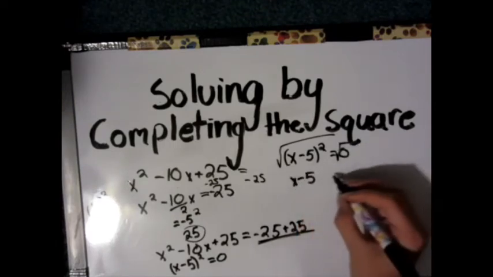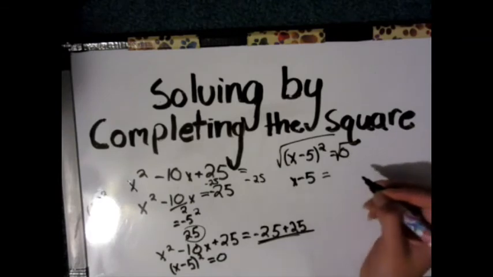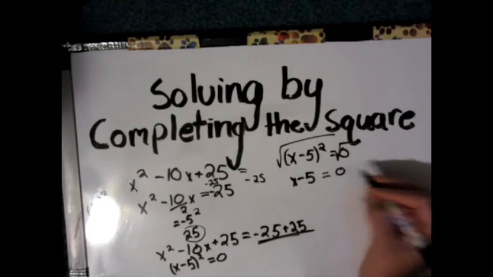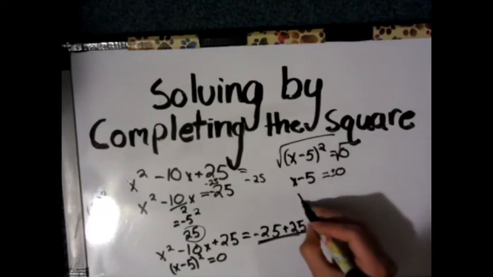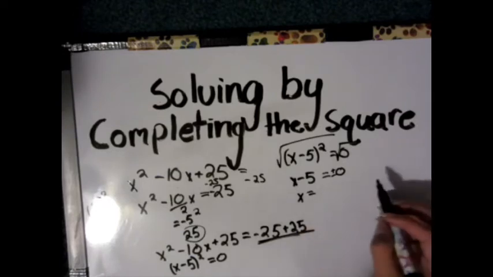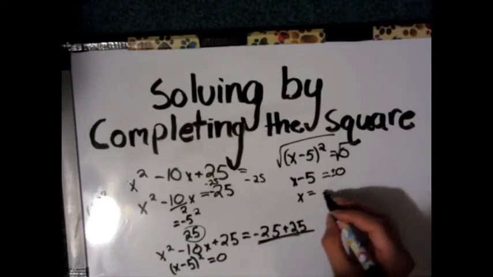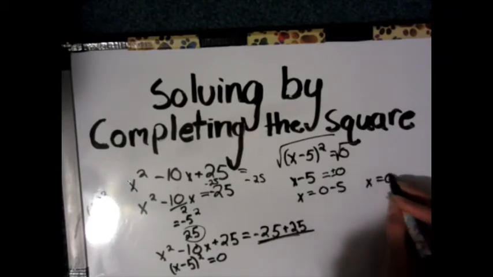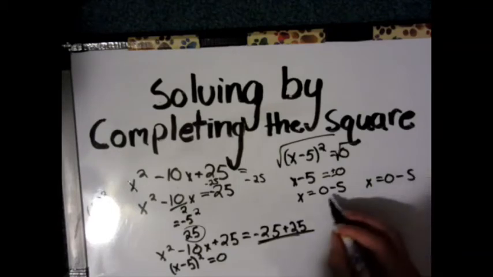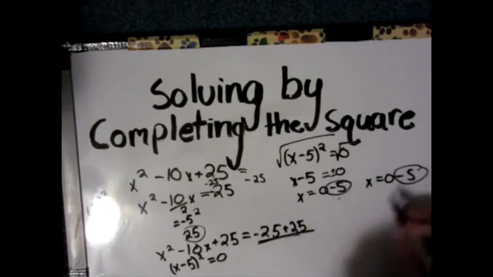So you get x minus 5. Then when you simplify the square root of 0, you just get 0. But I'm going to put plus or minus in front of it just so it shows that we get two answers. So x equals 0 minus 5, and x equals 0 minus 5. So our answer is just x equals negative 5, negative 5.